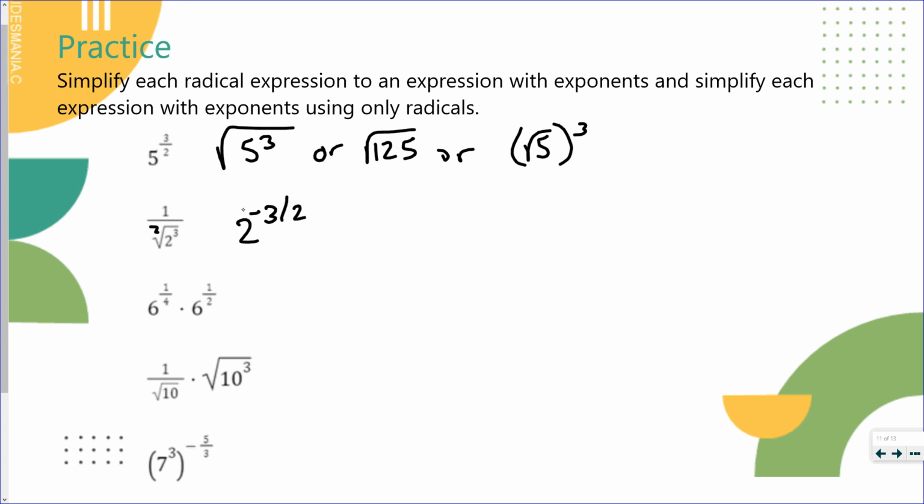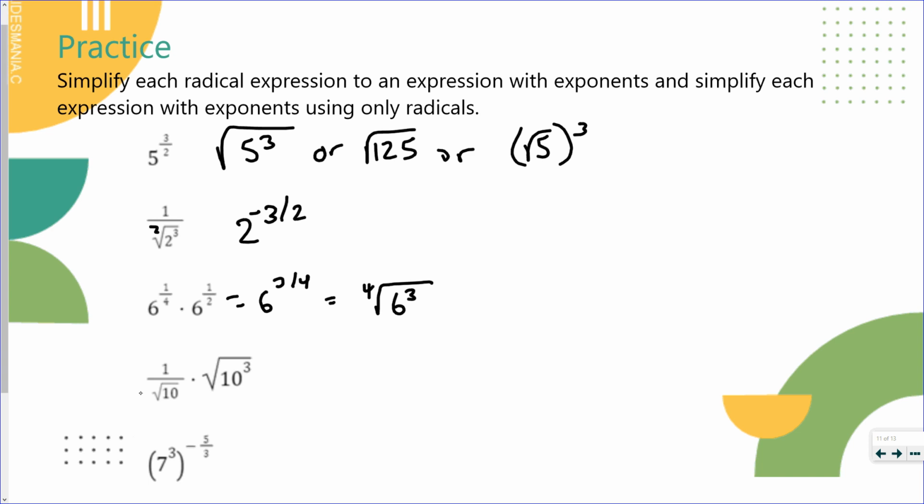All right. 6 to the 1/4 times 6 to the 1/2. Well, let's see. Same base. Let's add the exponents. This is equal to 6 to the 3/4, the fourth root of 6 to the 3rd. I'll generally default to this way of writing it, even though you could put the 3 on the outside.